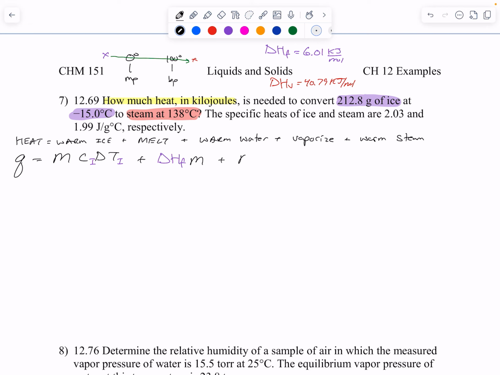Plus warming the water, mass C delta T, but now it's liquid water, and of course the specific heat of water is 4.184 joules per gram degree Celsius. Vaporizing, delta H V times the mass. But now we have steam.